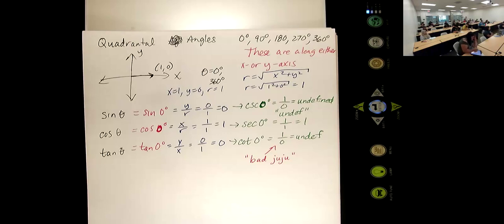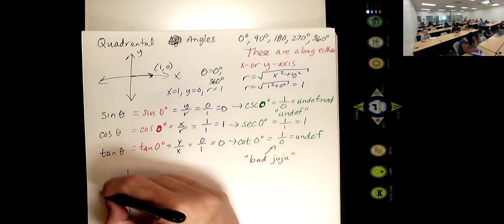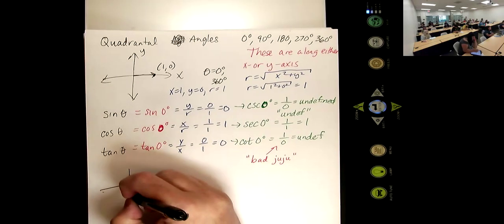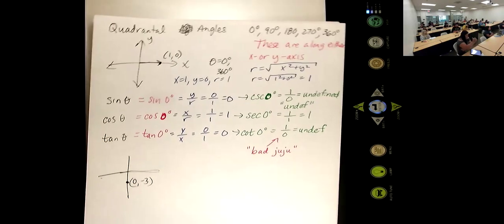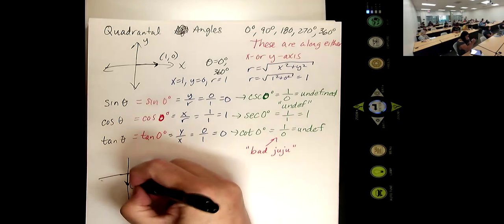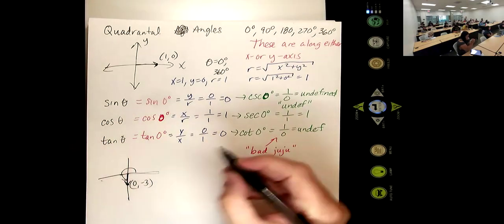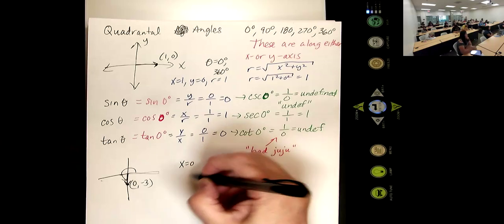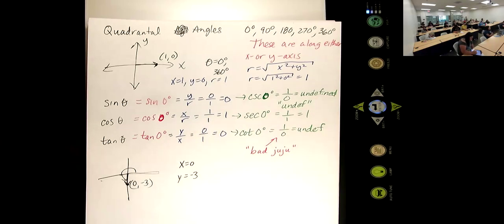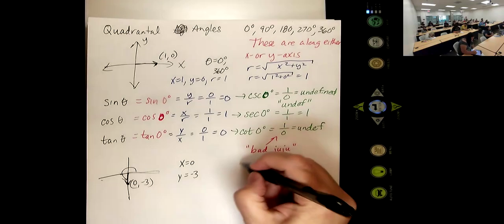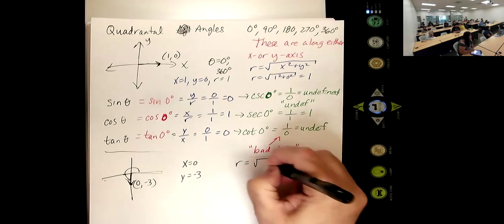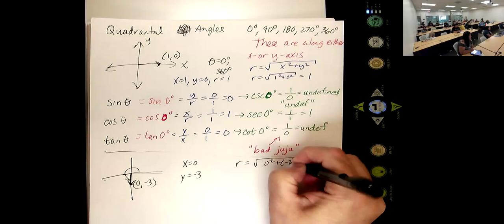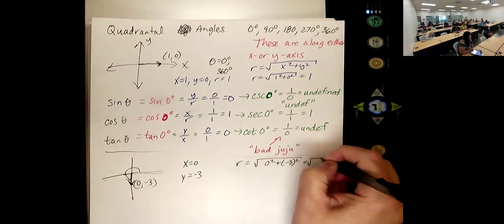So let's say we have the point at 0, -3. So my ray is going straight down here. X equals 0, y equals -3. If we calculate r, the square root of 9 is 3.